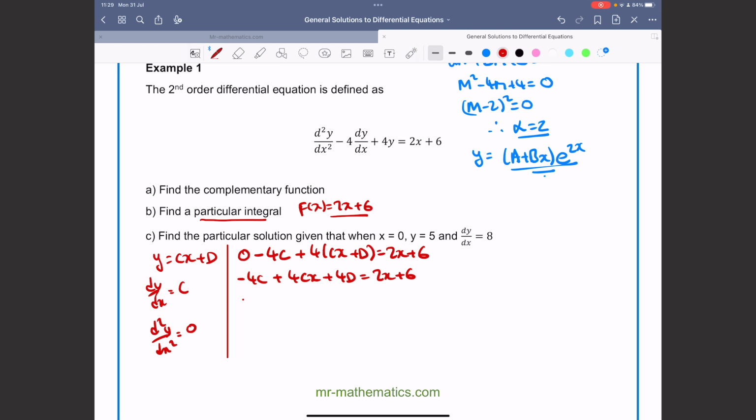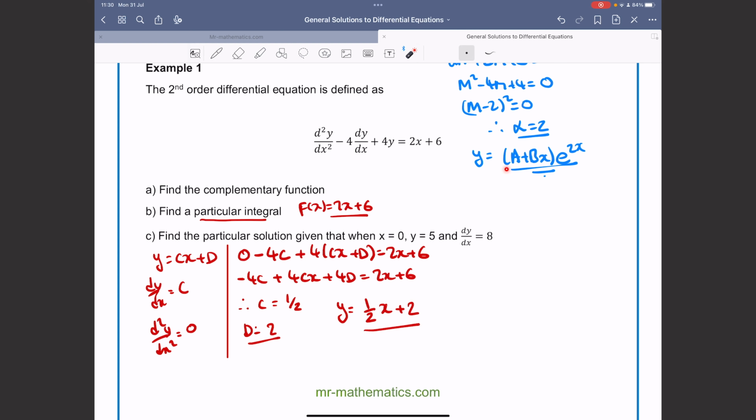So therefore, c must be equal to 1/2. And then the constant terms, negative 4c, well, negative 2 plus 4d will equal 6, so d must equal 2. So our particular integral then would be y is equal to 1/2 of x plus 2.